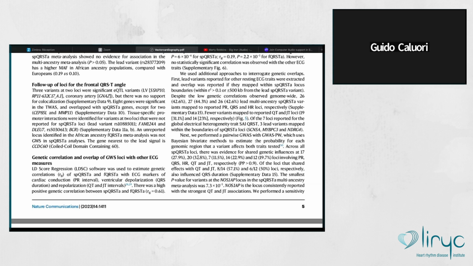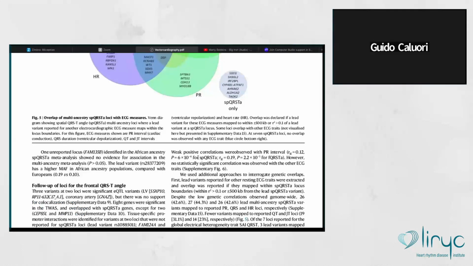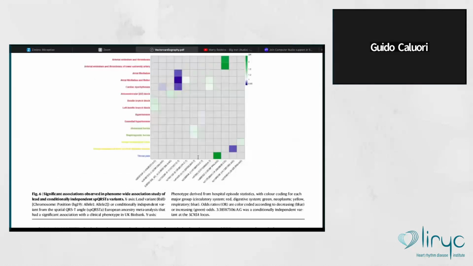I'm just fascinated by this because it seems that in figure 7, on this position, there is some lead variant that is associated with a phenotype.